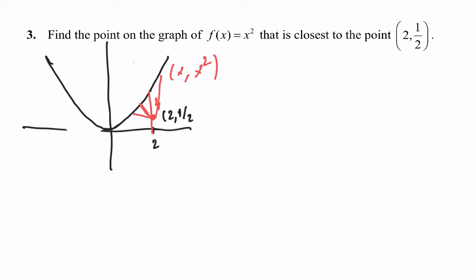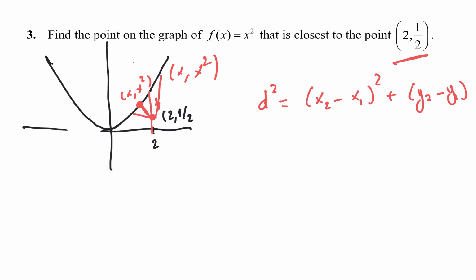So find this point, x and y. Find the point x, x squared, whose distance to the point 2, 1/2 is the minimum. So the distance squared is x2 minus x1 squared plus y2 minus y1 squared.